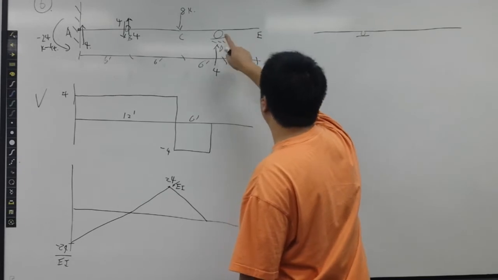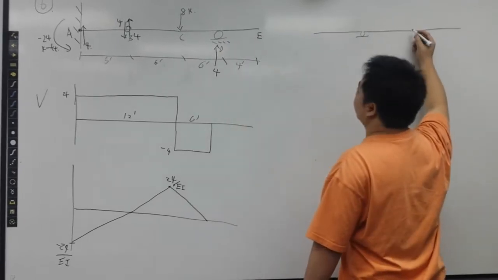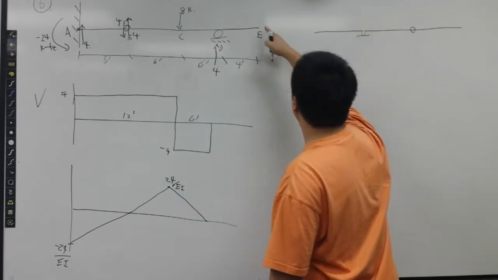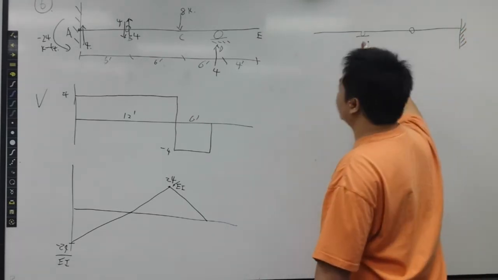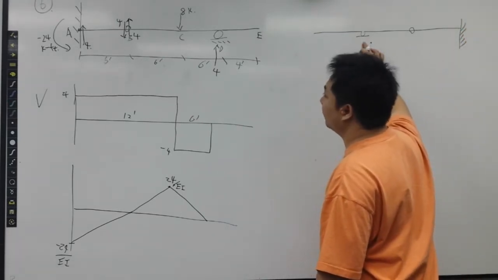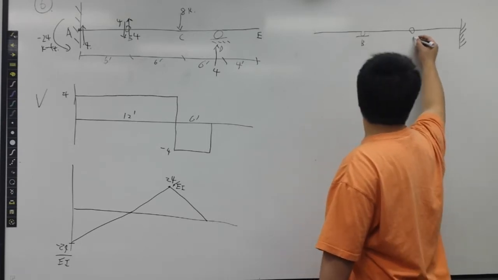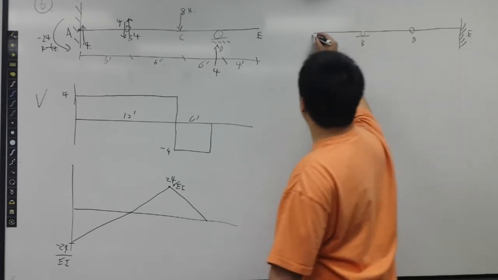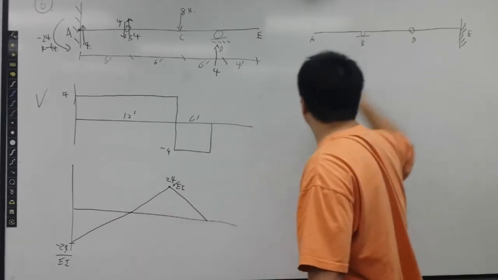So internal roller or internal pin, it becomes a hinge. And free becomes fixed. This one should be point B. This one is D. This one's E. This one's 8. So now bring the moment diagram to here.